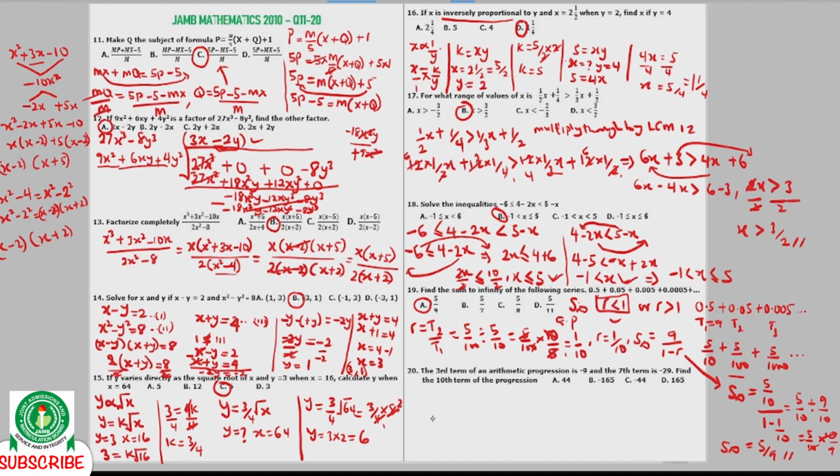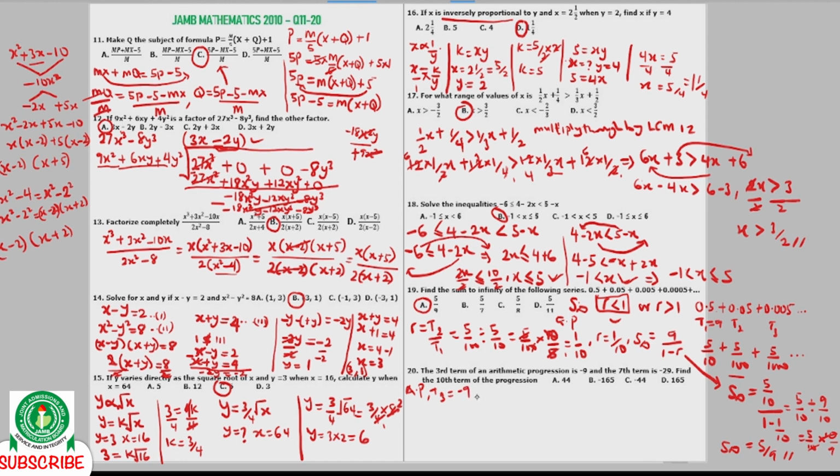Now lastly, the third term of an arithmetic progression. This is an arithmetic progression, and we are told that the third term, T3, is minus 9. Please note that.